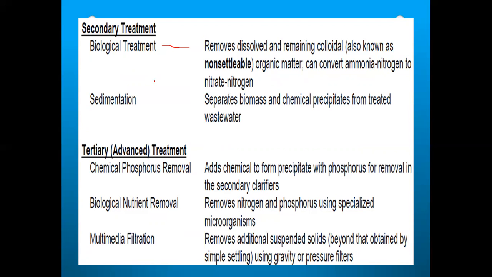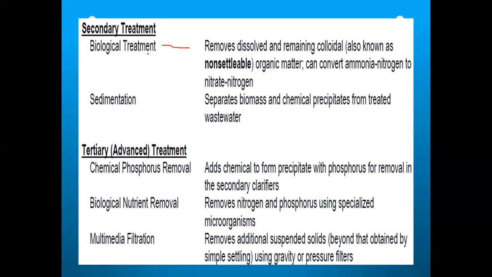And in the attached growth process, we have trickling filters, mechanism of impurities removal, classification, design, operation, and maintenance problems. That is RBCs, fluidized bed reactors. So all these things happen in the secondary treatment process.